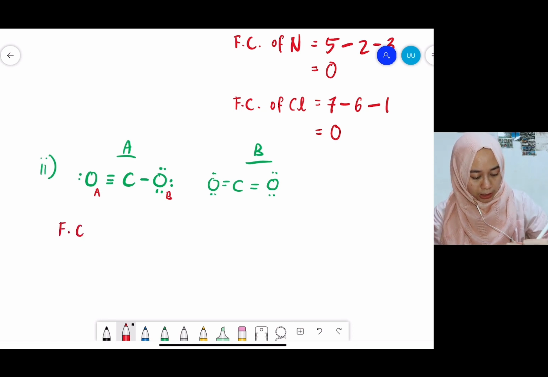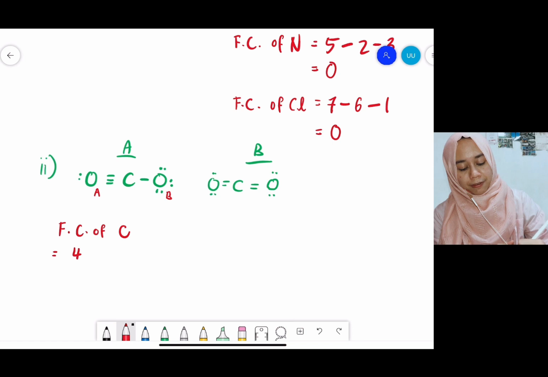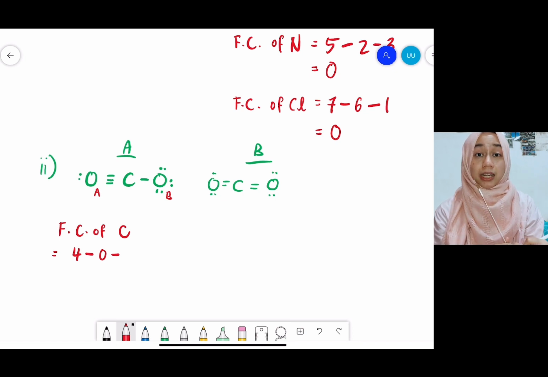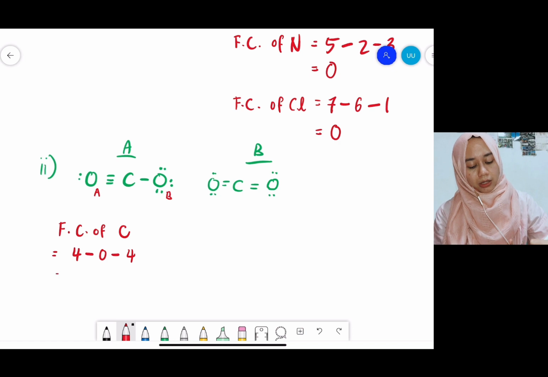So formal charge of carbon, kalau untuk yang A ni, kita ada 4 valence electron, tolak dengan 0 lone pair elektron sebab tak ada lone pair dekat carbon, dan tolak dengan ada 4 bond keliling carbon tu kan, sebab satu sebelah kiri dia triple, sebelah kanan dia adalah single, so ada 4 bond in total, so tolak 4, so you get 0.